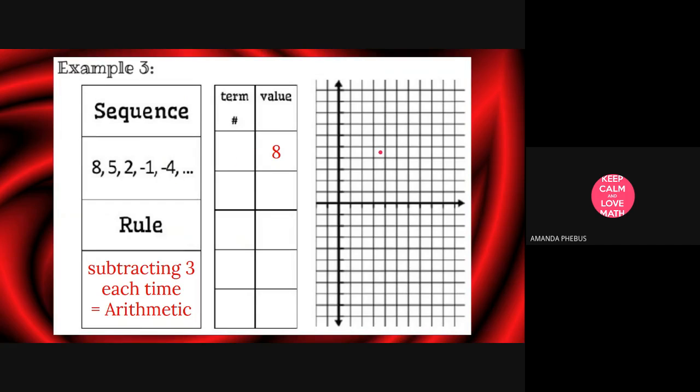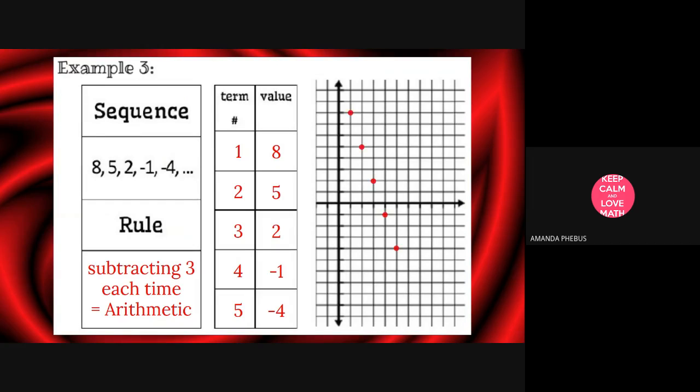So when we go to graph these, we should expect to see a line start to form. Again, don't connect the points, but the slope of that line should be negative 3. So let's see if that's true. So here's our first, second, third, fourth, fifth, and then we've got 8, 5, 2, -1, -4.